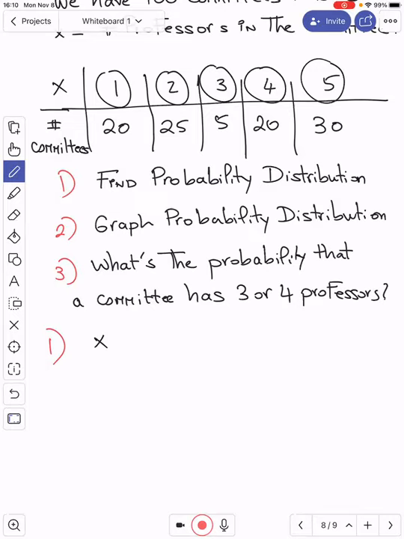Now, for each X, we're gonna assign the probability.